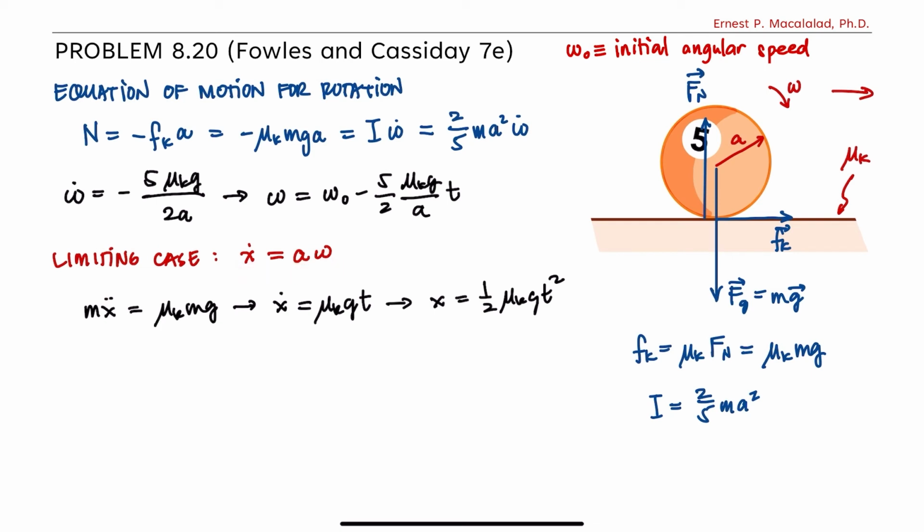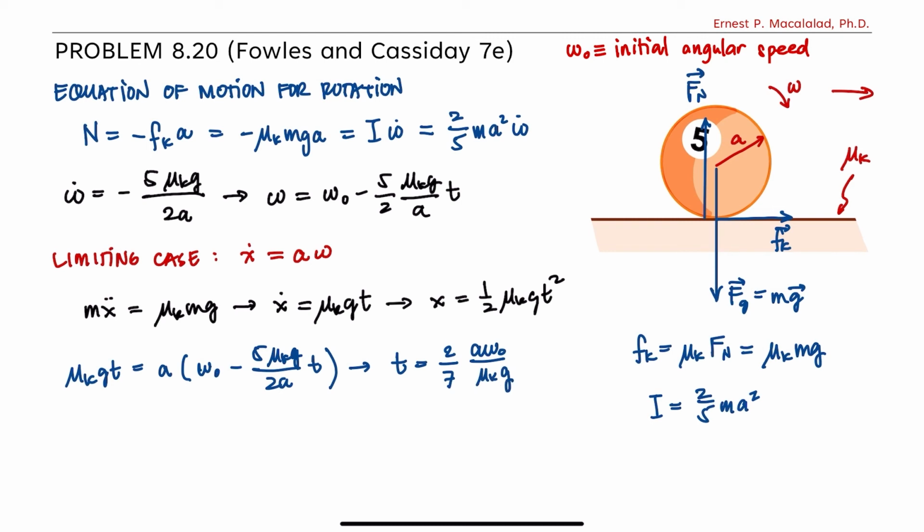This is mu k g t is equal to a times omega naught minus 5 mu k g over 2a t. This gives us the time, and this is equal to 2 over 7 a omega naught over mu k g.